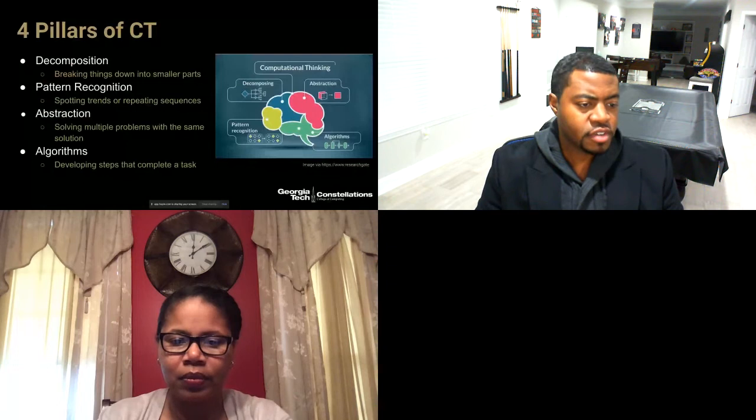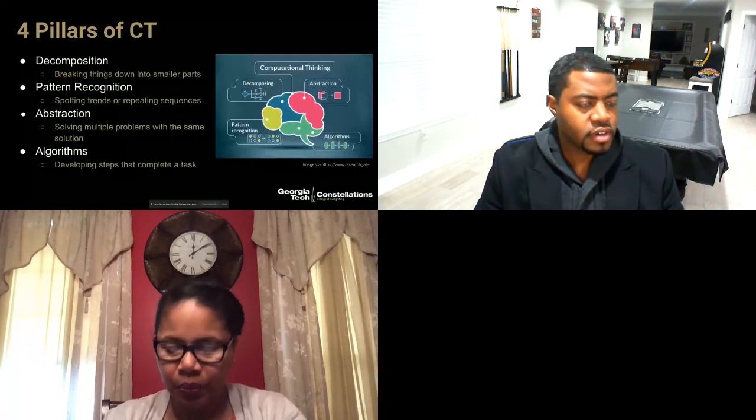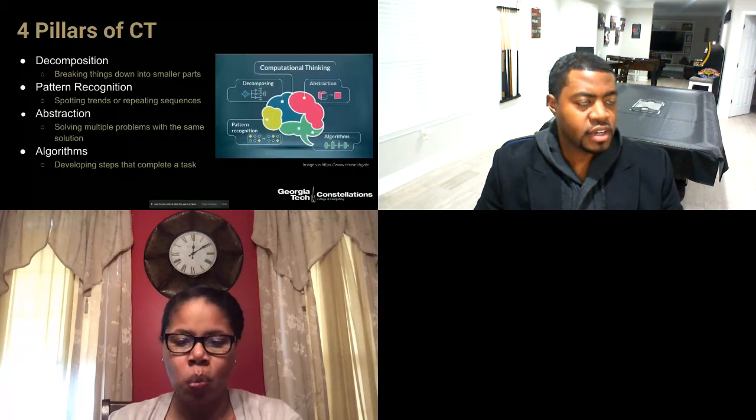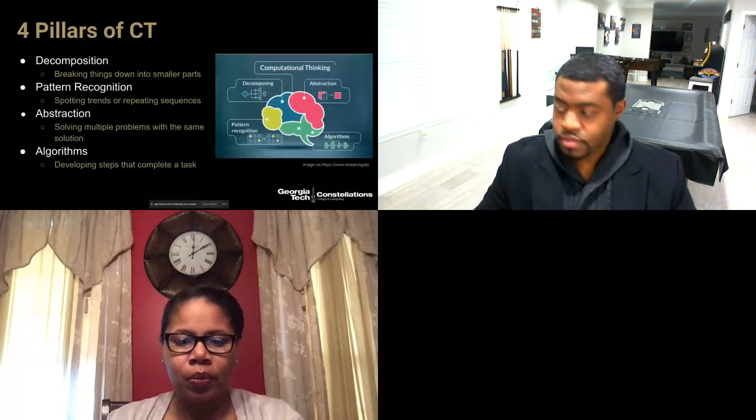And at each of the different grade bands, what will be required of understanding computational thinking will be different. So like in the elementary level, the middle school level, the high school level, the understanding and the evidence of mastering CT is a little different. And we're going to discuss those things.